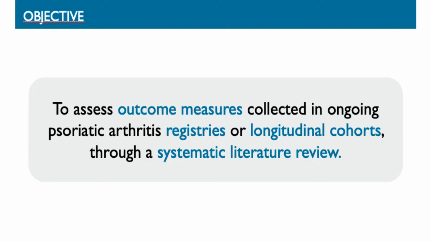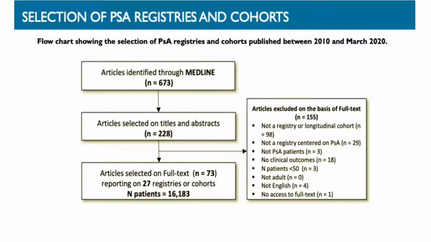So the objective of our study was to assess outcome measures collected in recent PsA registries or longitudinal cohorts through a systematic literature review. So what we did is that we reviewed all the publications between 2010 and March 2020 in the Medline PubMed database.